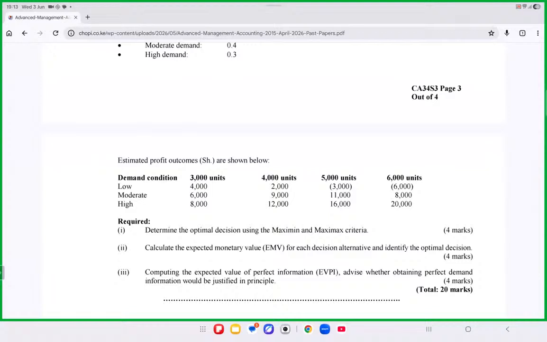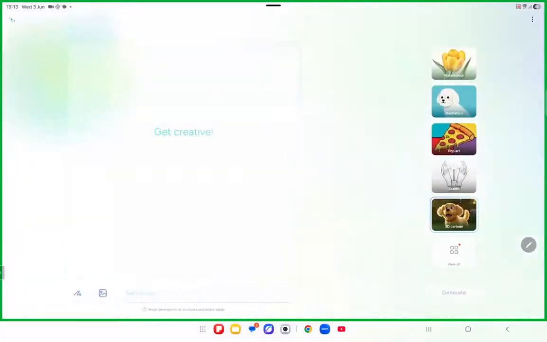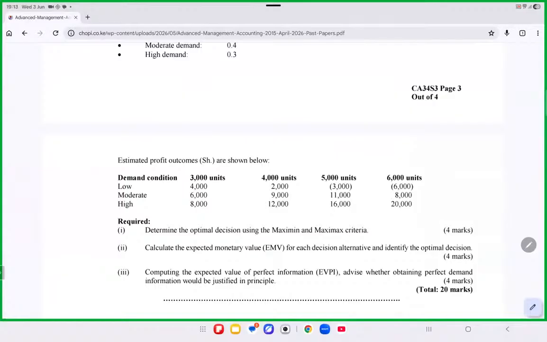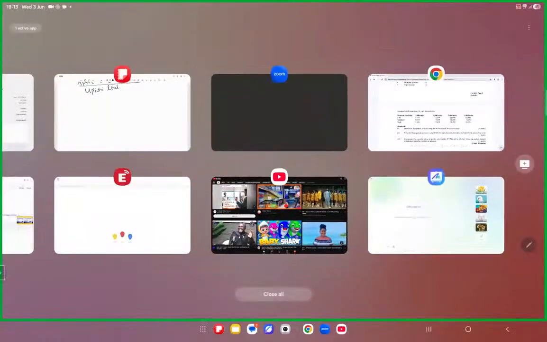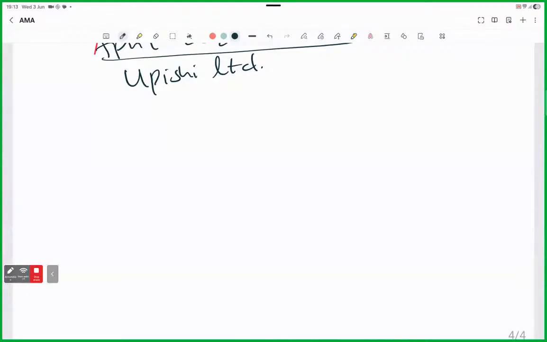The first thing you ought to have realized in this question, ladies and gentlemen, is that the payoff table needs to be transposed so that states of nature are on the top. That is the best thing you should have done first. So please master this. I'm transposing this entire table now.